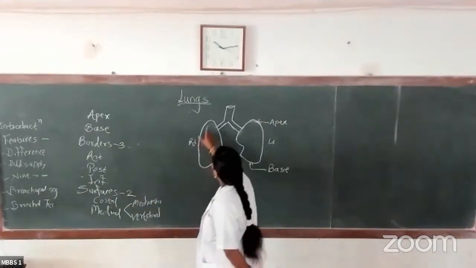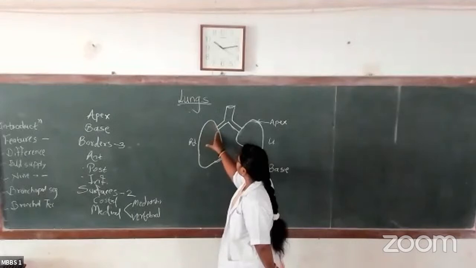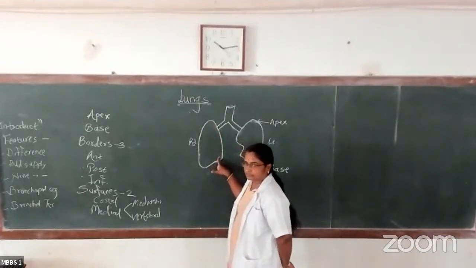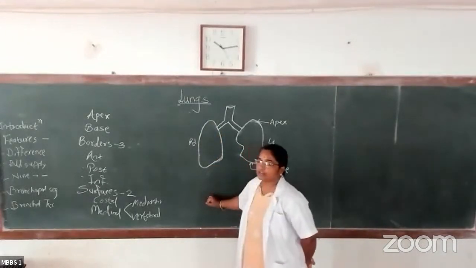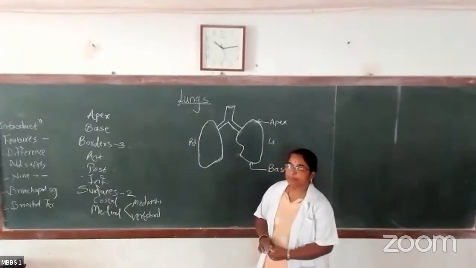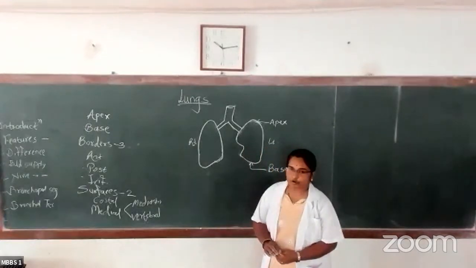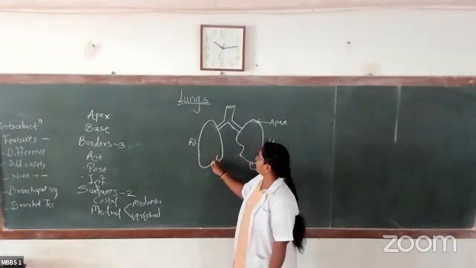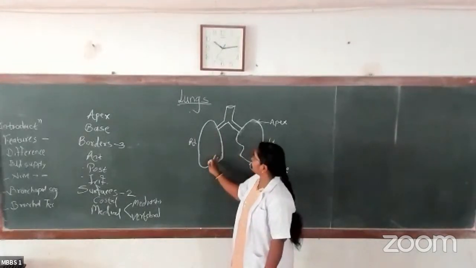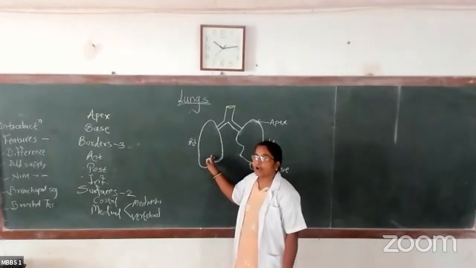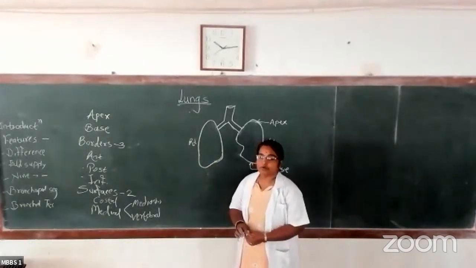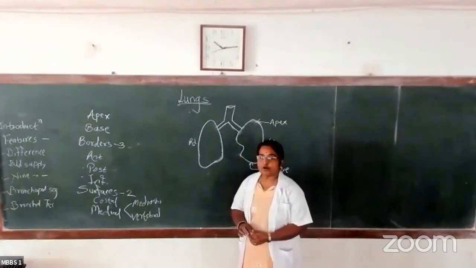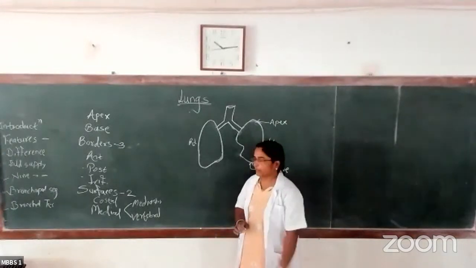In case of right lung, the anterior border is vertical and is related to the anterior or costo-mediastinal line of reflection of pleura.